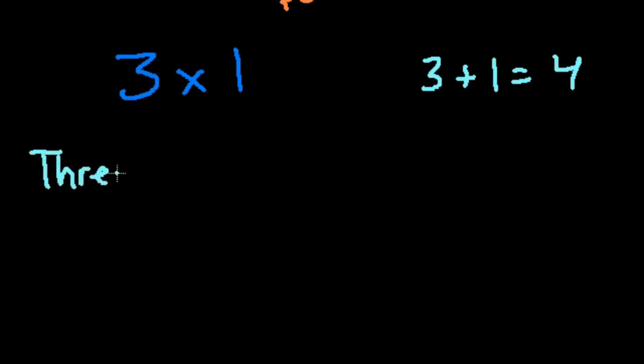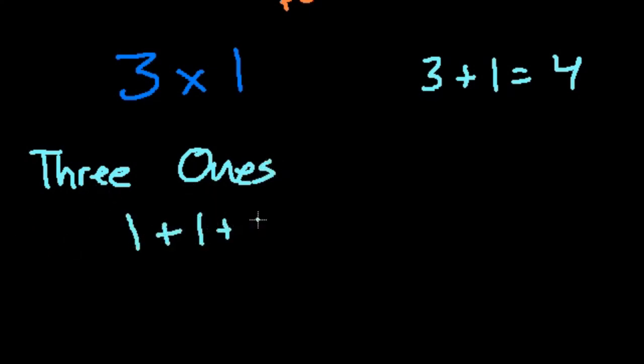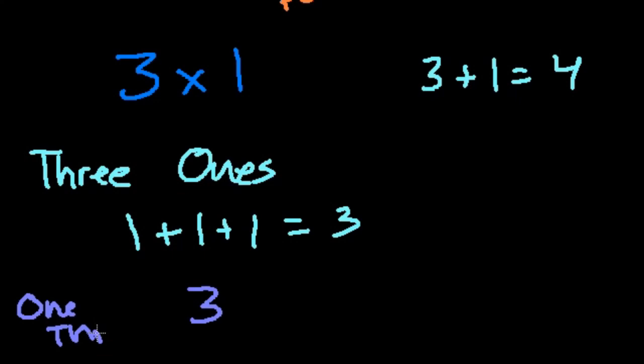But the way you can view that is 3 ones. And 3 ones is this: 1 plus 1 plus 1 equals 3. Or you could view it as 3, 1 time. 1 lot of 3. And that's just 3. Because we're not adding anything else to it. That's just 1 3 right there.